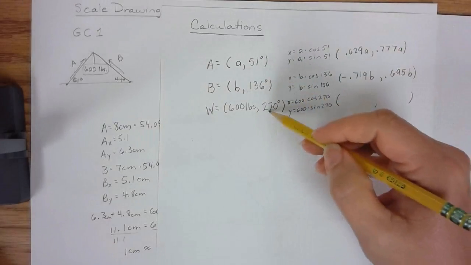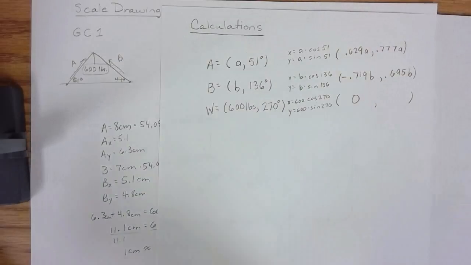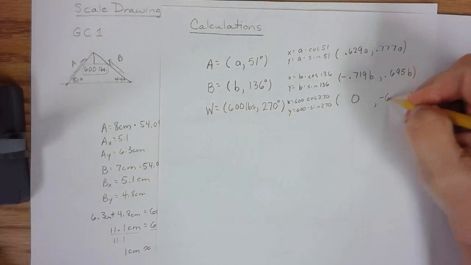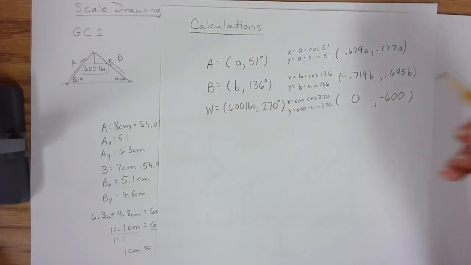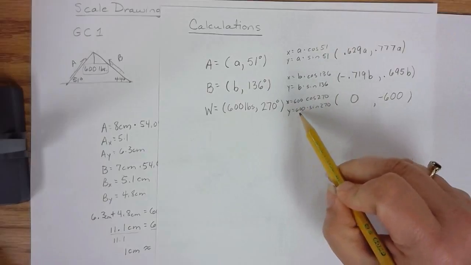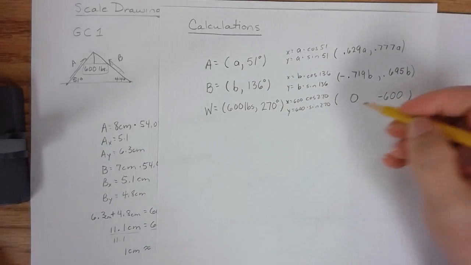The x coordinate at 270 degrees is 0. 600 times the sine of 270. Oh, negative 600. Again, if you really think about it, the y coordinate at 270 is negative 1, so it was simply a matter of multiplying negative 1 times 600 and getting negative 600.